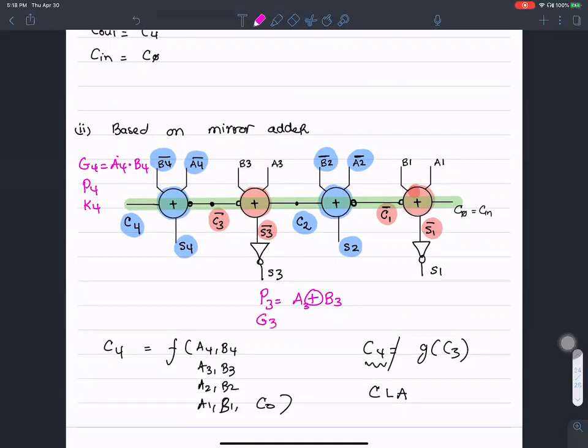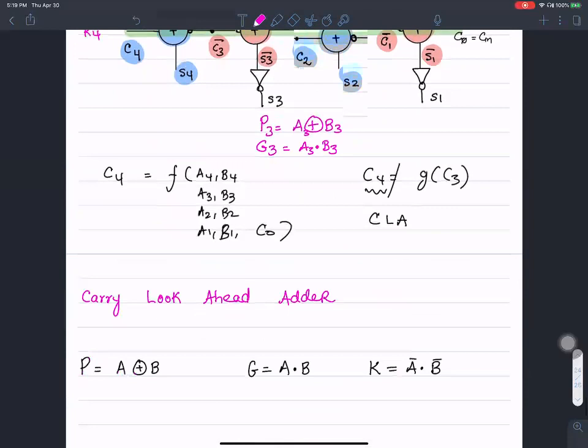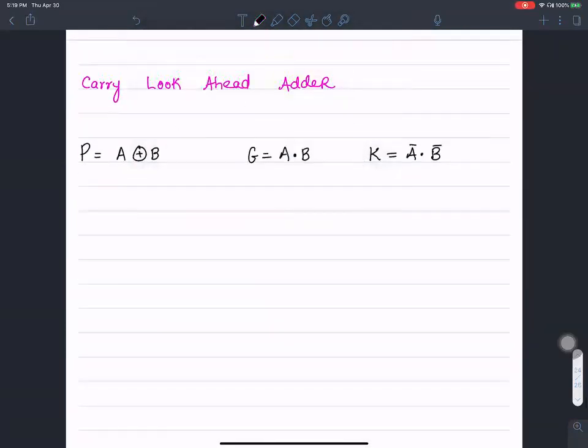I can calculate G3 as a function of A3 and B3, and so forth. So for each of these stages, I can calculate P, G, and K. For any stage i, the propagate is Ai XOR Bi, the generate of stage i is Ai times Bi, and the kill is Ai naught times Bi naught.